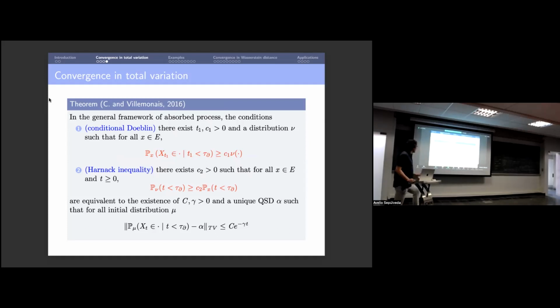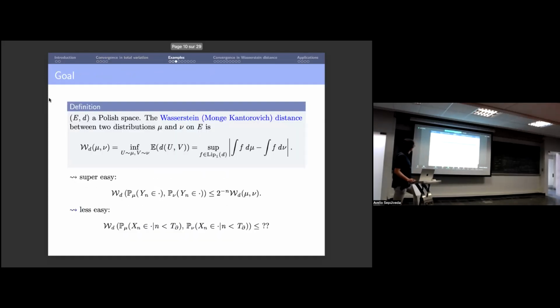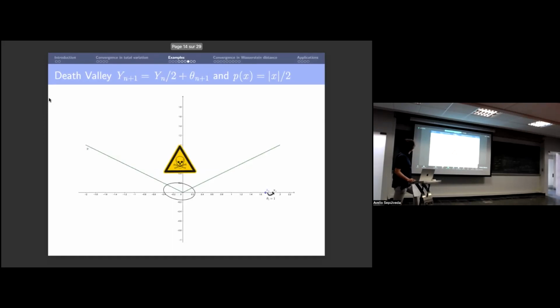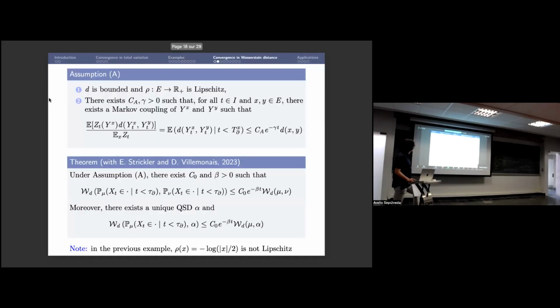Now, this is just an intuitive justification of this assumption. And indeed, we were not able to prove that it's necessary. Probably it's not necessary. But then what we should take as an alternative is not very clear.